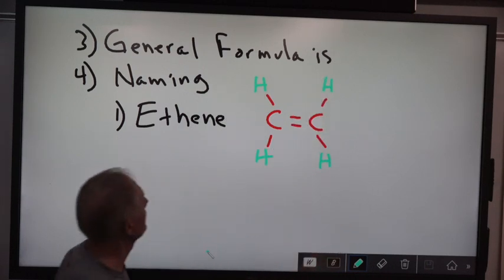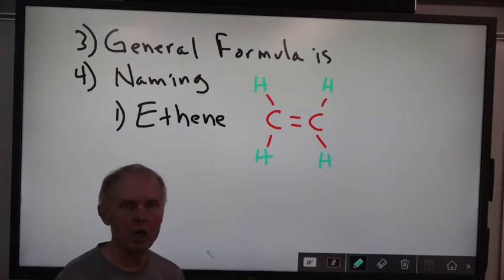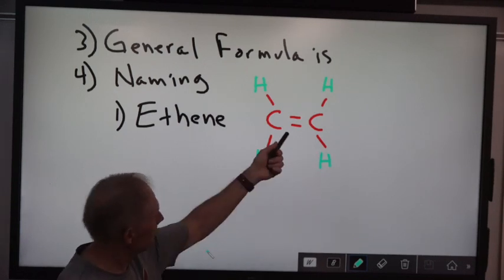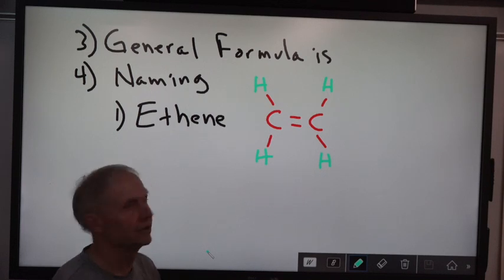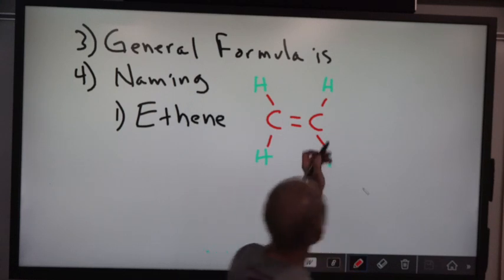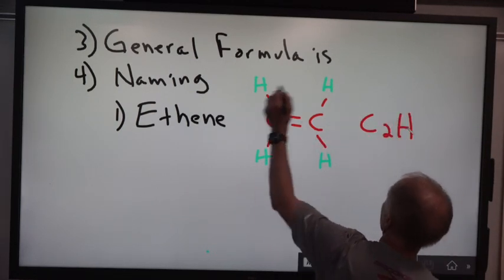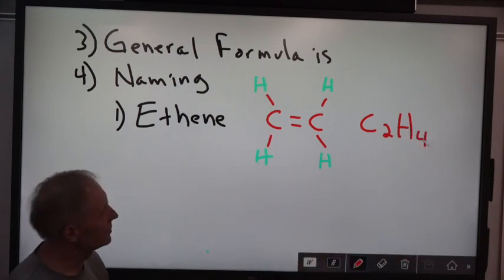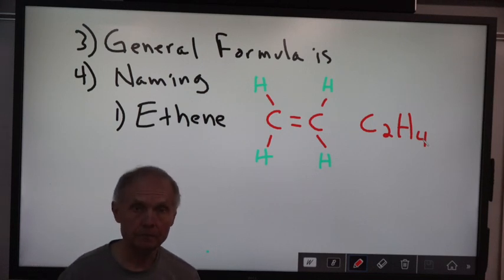So that's what it looks like. That's the first member of the alkene series. That is called ethene. And now this is the structural formula. We're going to look for the molecular formula. Well, it's easy. There's two C's. C2H, 1, 2, 3, 4. C2H4. That's it.